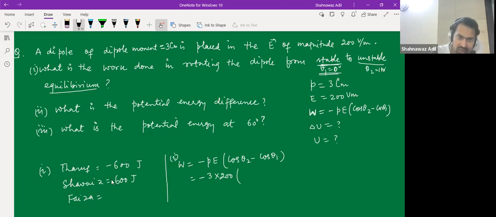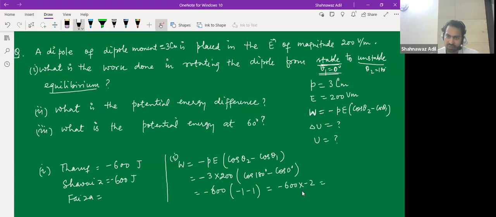So this is theta 1. Cos of 180 degrees is minus 1, and cos of 0 degrees is 1. So minus 600 into minus 2 is 1200 joules, right?